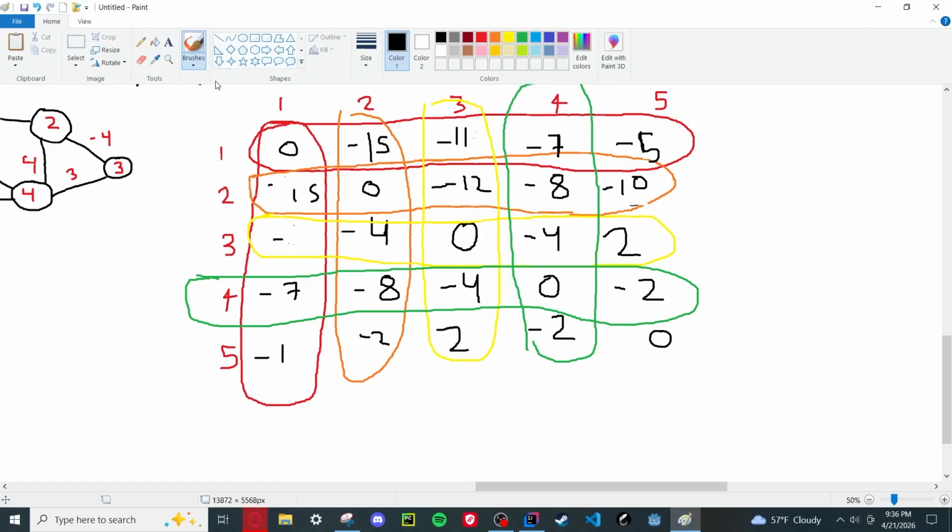It should be -11. -4 plus -7 is -11. See, this is why fact checking, just checking with this, is actually helpful. -8 plus -4 is -12. This should be the same as 2, 3. Yeah, there were edits in this round. 1, 2, that stays. -4 plus -2 is -6. It should be -19.